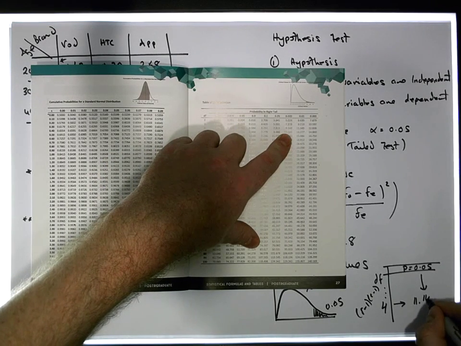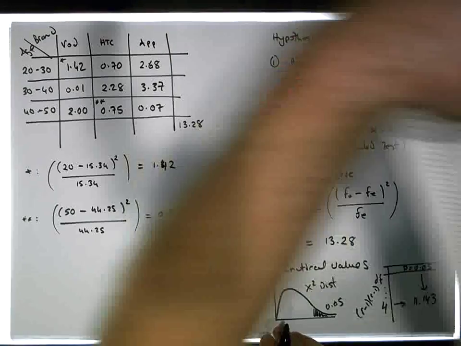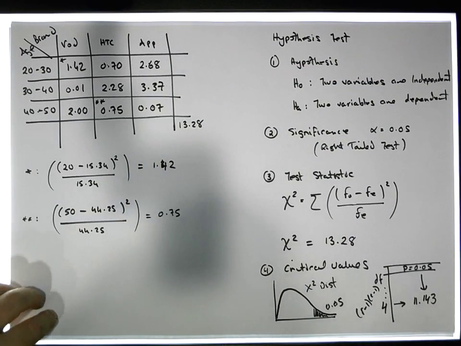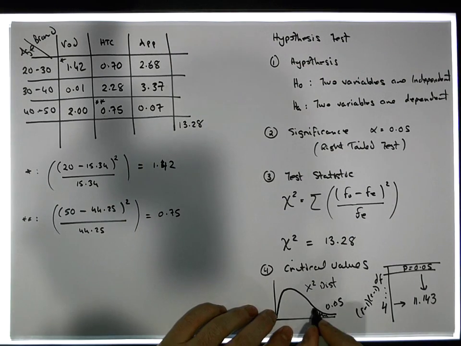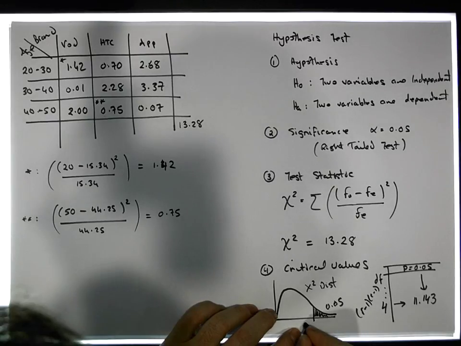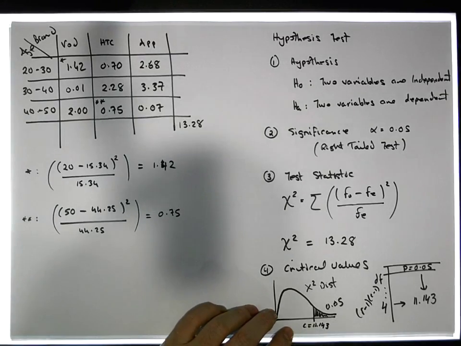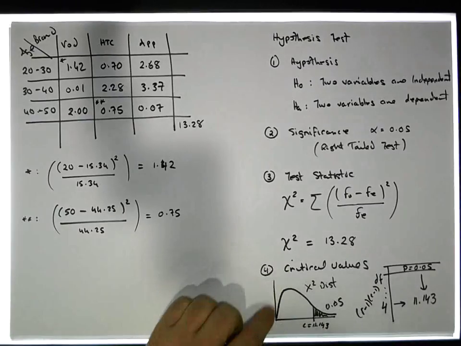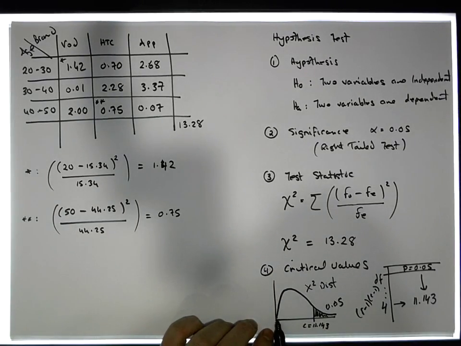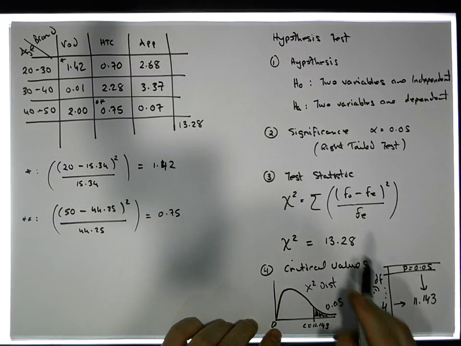So if we were to interpret this, this critical value is equal to 11.143. What we're saying here is that if the null hypothesis is true, we'd expect a test statistic down around 0, down around here. And we've set the significance level of 0.05.